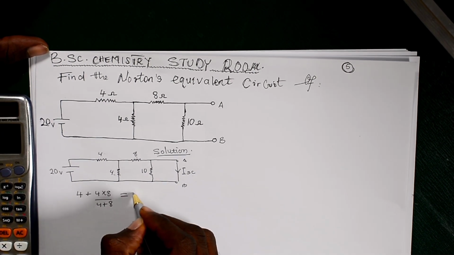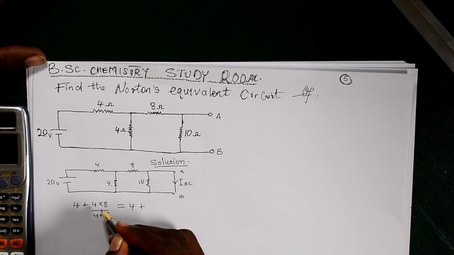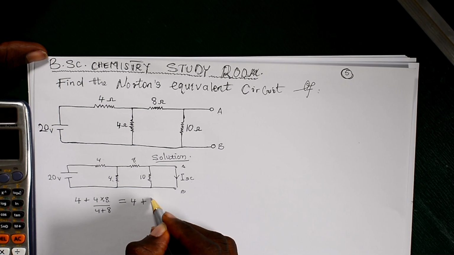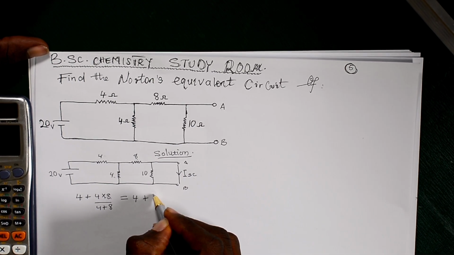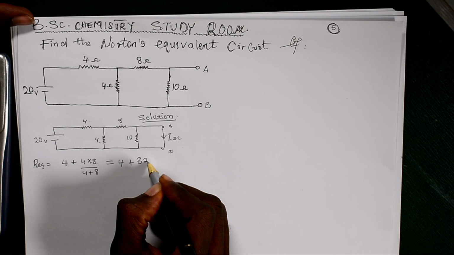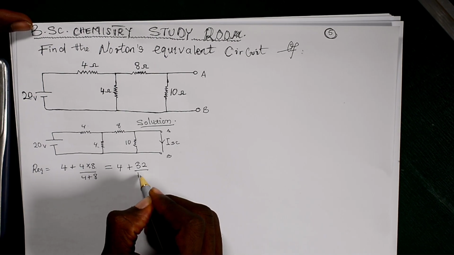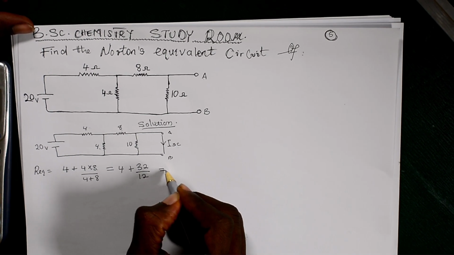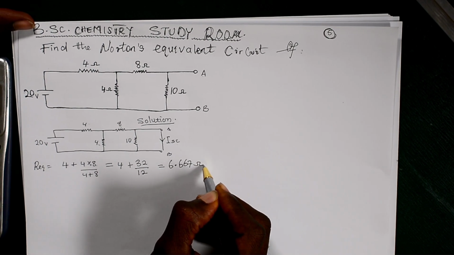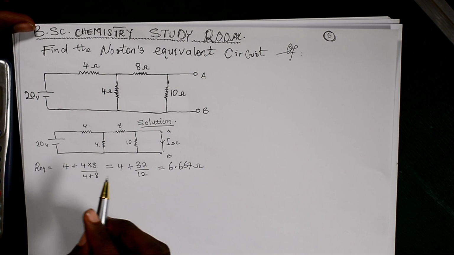Then this is equal to 4 plus 4 times 8 is 32 all over 12, which is equal to 6.667 ohms.